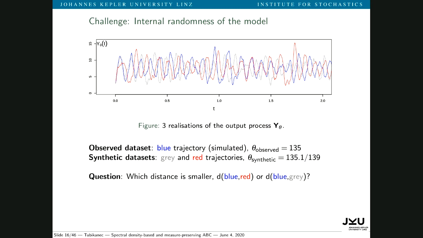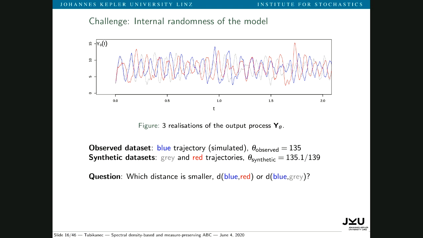And I tell you that one of the two is simulated with a parameter value which is very close to the one used for the observed data, and the other one is simulated with quite a different value for theta.